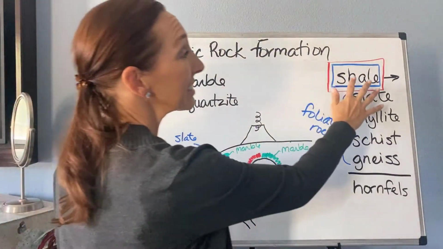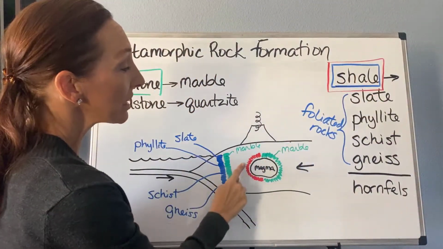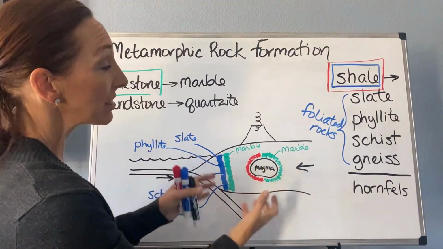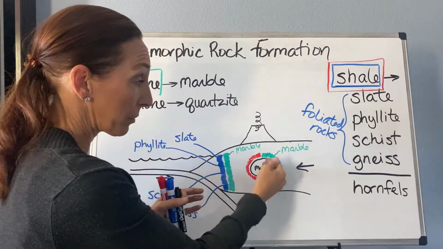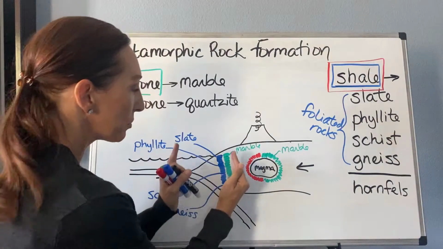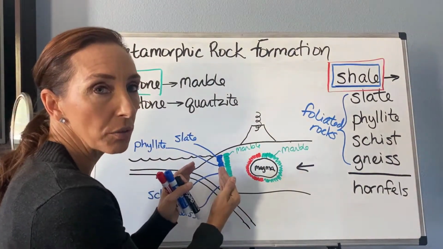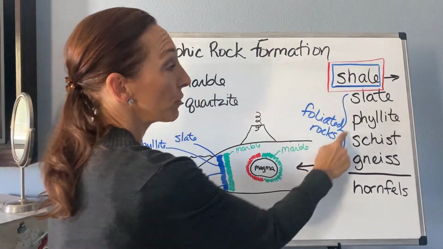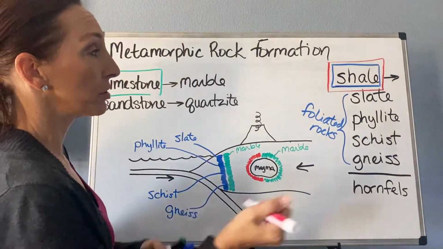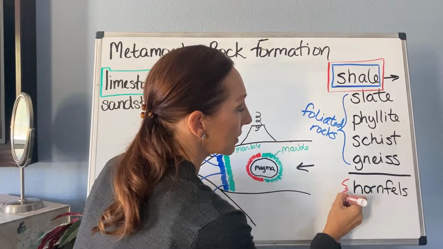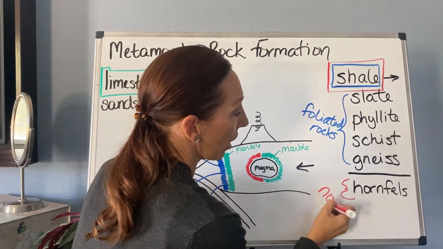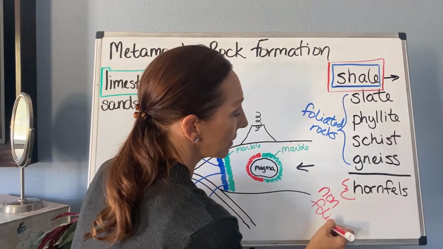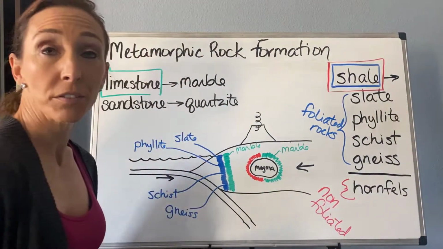Okay, so those are our foliated rocks. Now, if we take that same shale, we're over here next to the magma body. Now, it's going to have high temperature because of the magma body, but it might not have that same pressure that it gets at this collision zone. And so because it's not getting that squeezing, it isn't going to produce a foliated rock. It's going to produce a non-foliated rock, which is my hornfels.